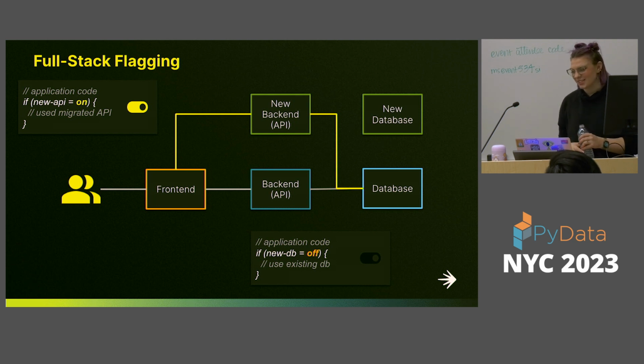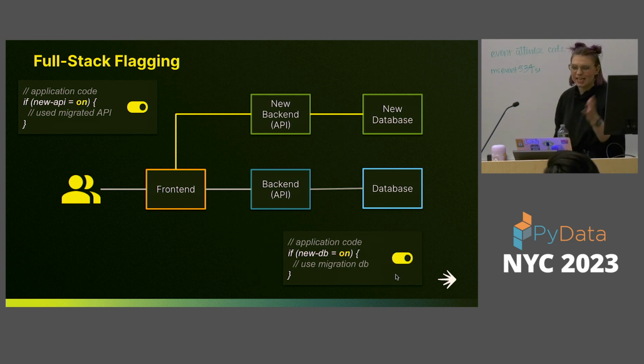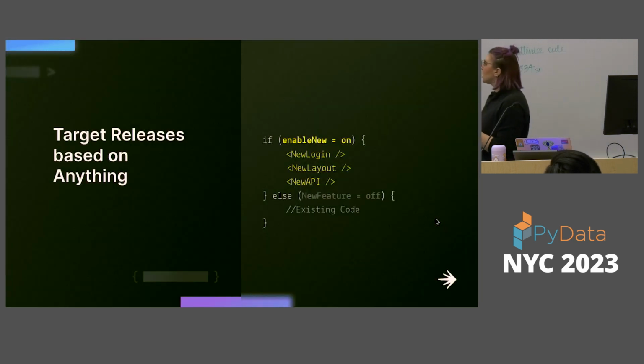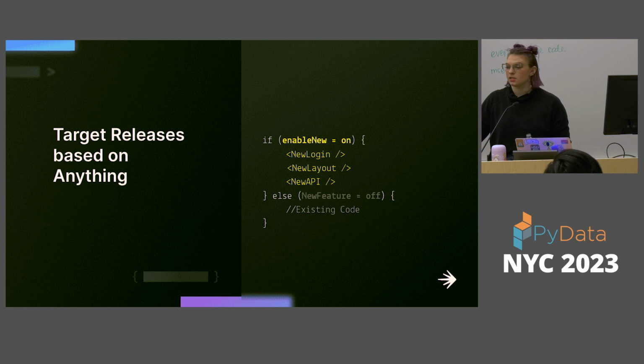But as you can see, we've toggled that feature flag to on, and we're connected to that new database right there. All right. So as I mentioned, you can target your releases based on pretty much anything. This is using that nice friendly Python if-else format. Enable new is the feature flag, and the other feature flag would be new feature.